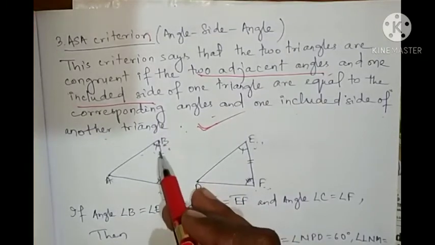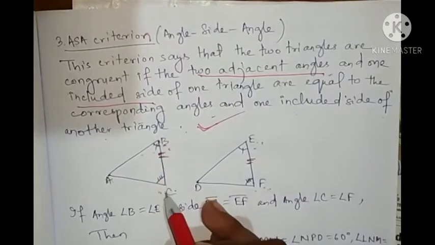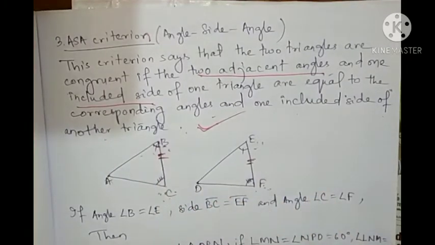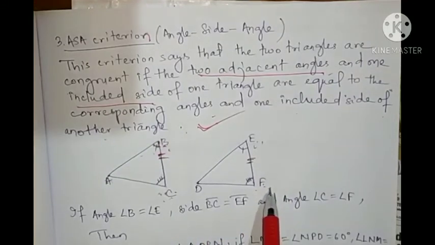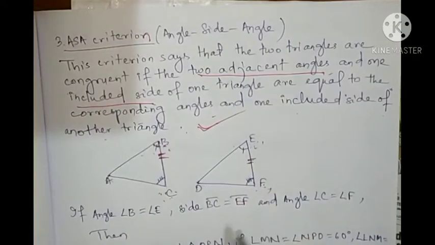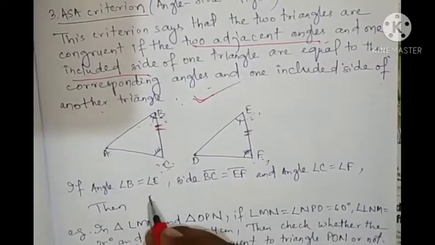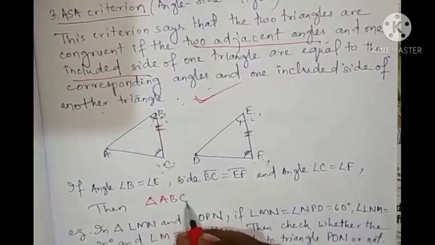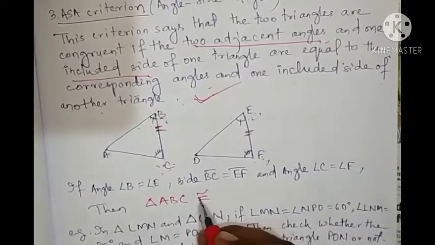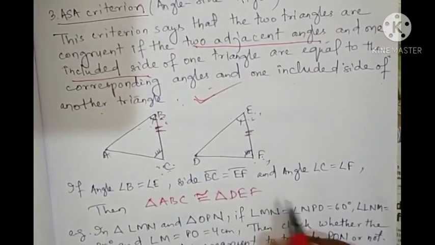So this one is the side where BC is equal to EF. So if angle B is equal to E, angle C is equal to F, and side BC is equal to side EF, then your triangle ABC is congruent to triangle DEF.